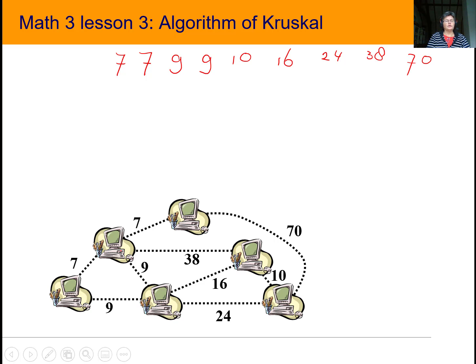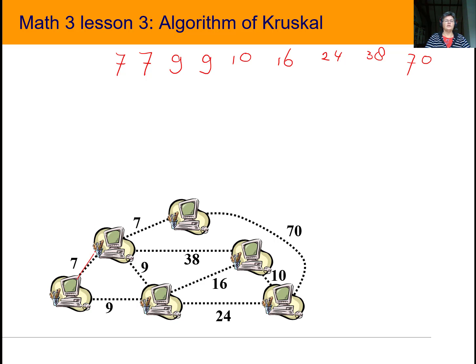And then we'll just choose edges one by one, giving priority to the ones up front of the row with the lowest weight. And if we have a cycle, we don't allow that edge to enter the minimum spanning tree. So if we do it like that, at the end we will have a spanning tree with minimal cost.